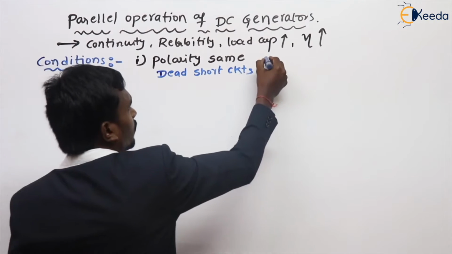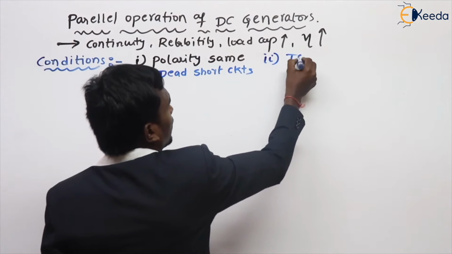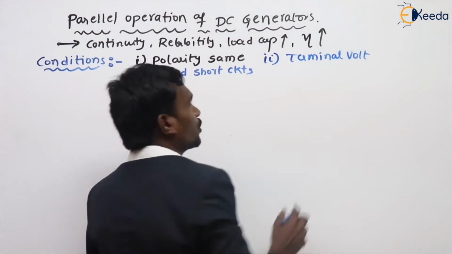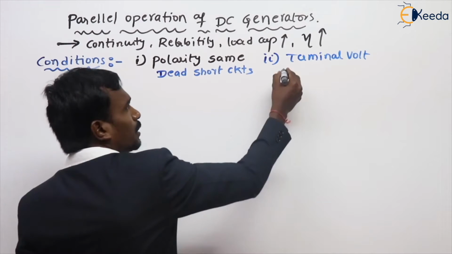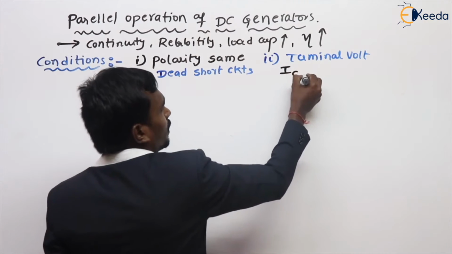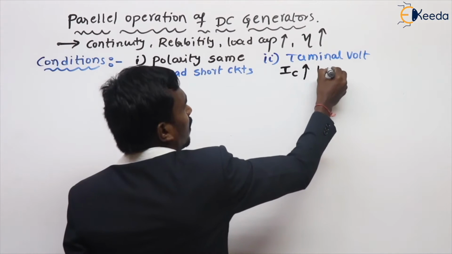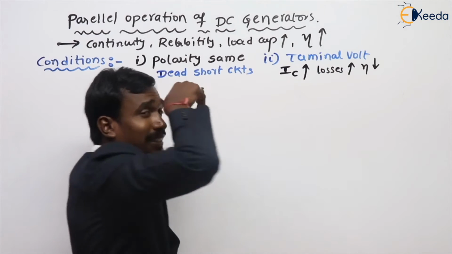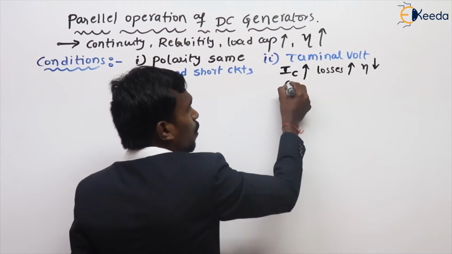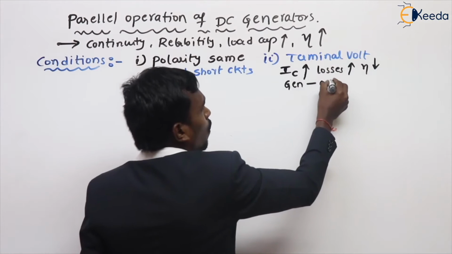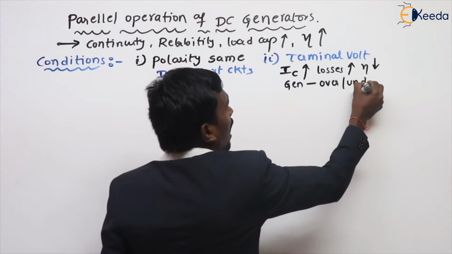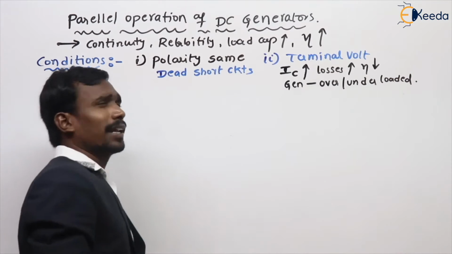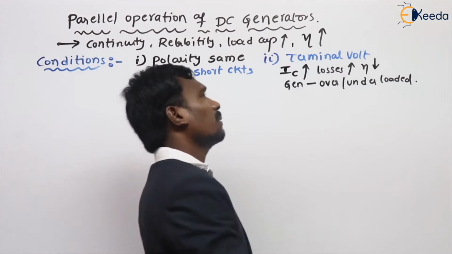And the second one, terminal voltage. This also must be the same. Sir, if the terminal voltage is not the same, what happens? Circulating currents increase, losses increase, efficiency decreases, and one generator may get overloaded or underloaded, which damages the machine.